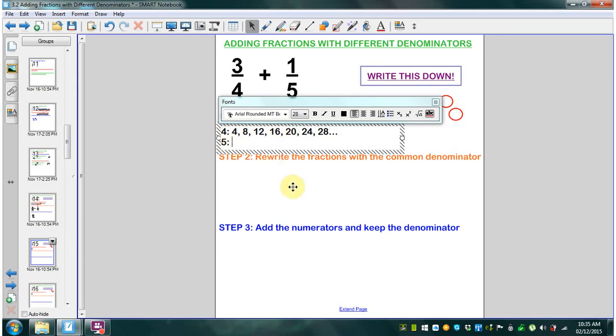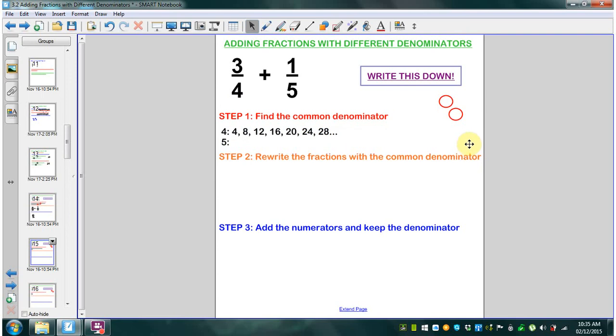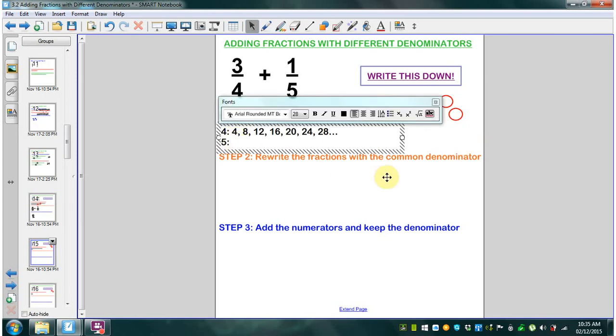Okay, so write that down. Take a second. Our multiples of 5 are easy: 5, 10, 15, 20, 25, and so on.